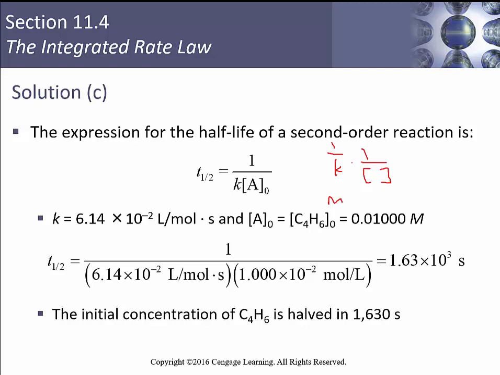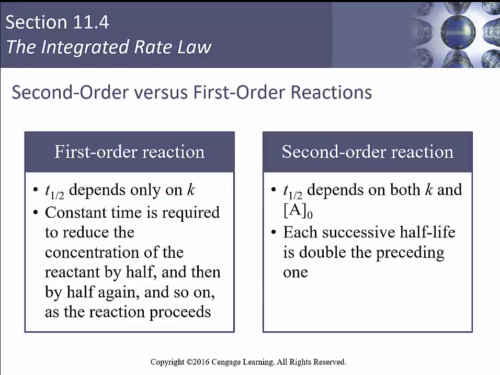So we know we got our value for k. We're going to solve for our T1/2. Our initial concentration of C4H6 is halved at 1,630 seconds. All right, so once we get our k, we can figure out what our T1/2 is, given this and given our initial concentration.